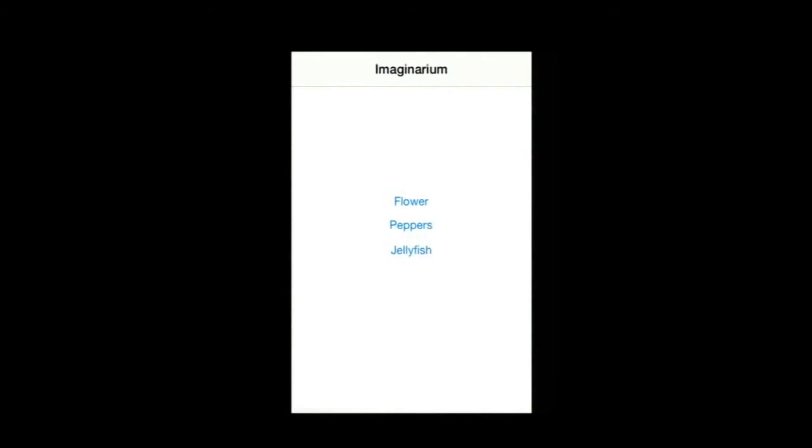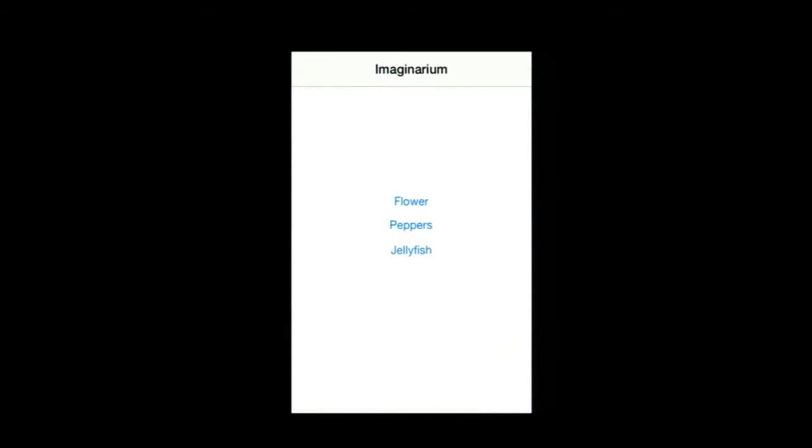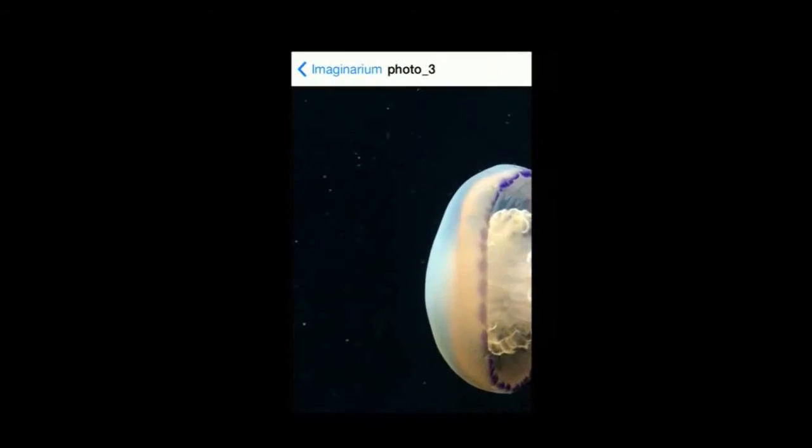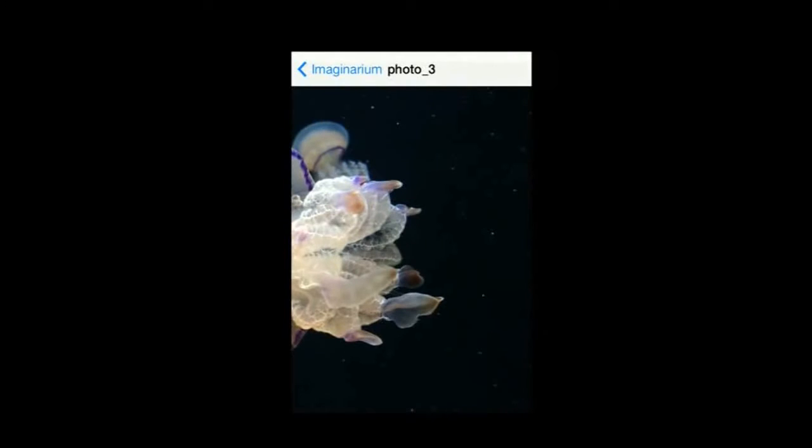Flower, nah, I don't want flower, I want peppers. Nah, I want jellyfish. And so the UI is staying completely responsive, even though I'm downloading these things multiple times in the background unnecessarily. But this is the way you want your UI to be, very responsive, with things happening the instant the user wants them.